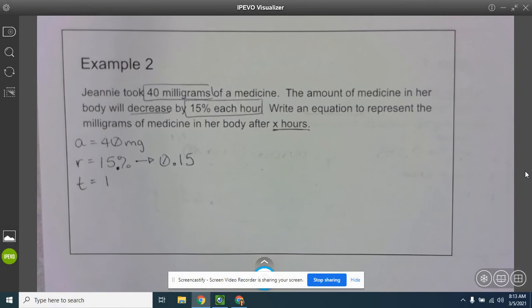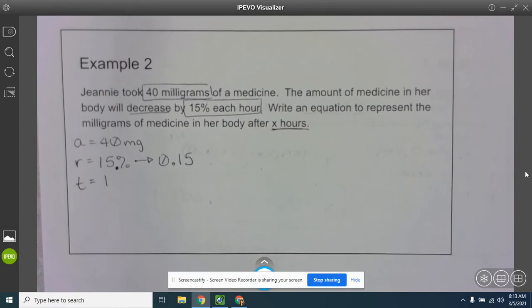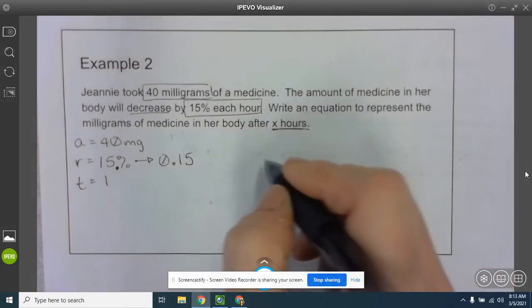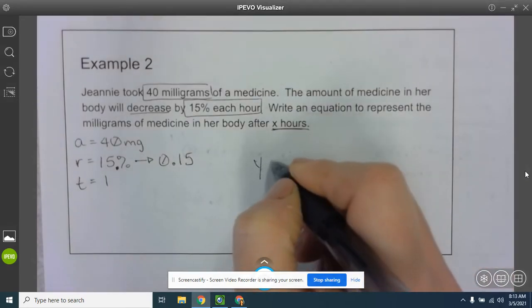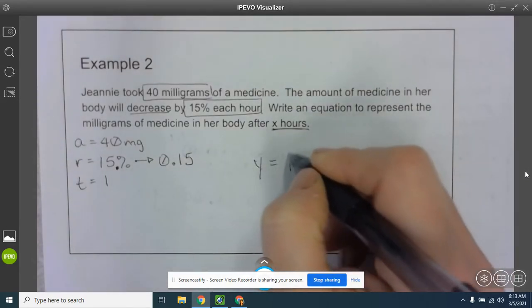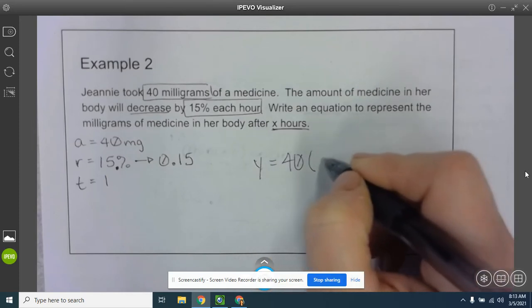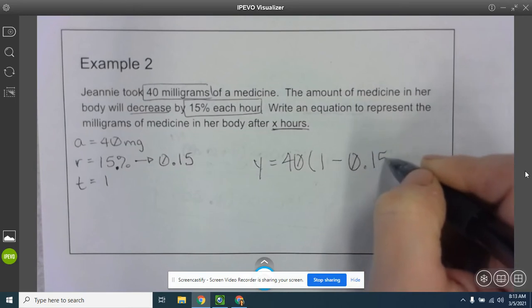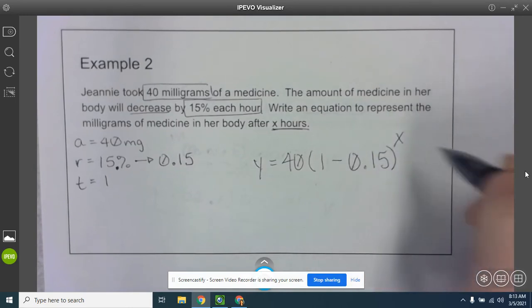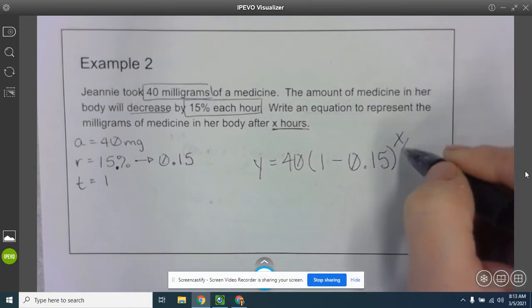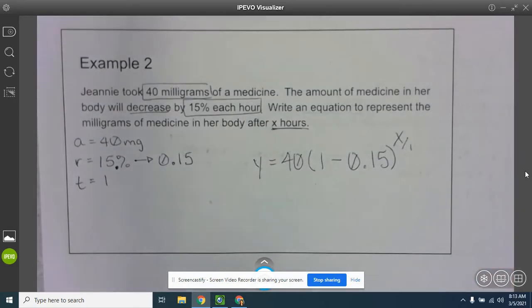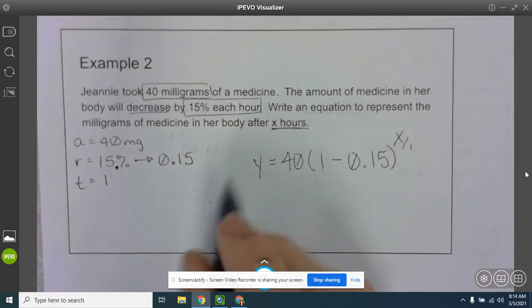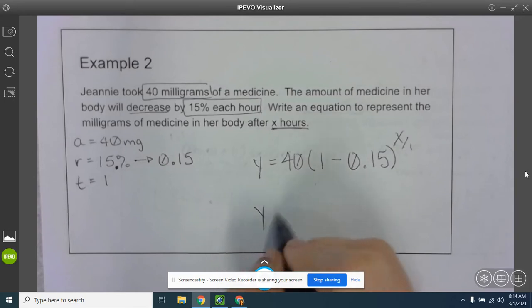Since this says decrease by a percent, I'm going to say y equals 40 times 1 minus 0.15 to the power of x, technically divided by 1, even though we know that's not going to end up making it to our final equation.